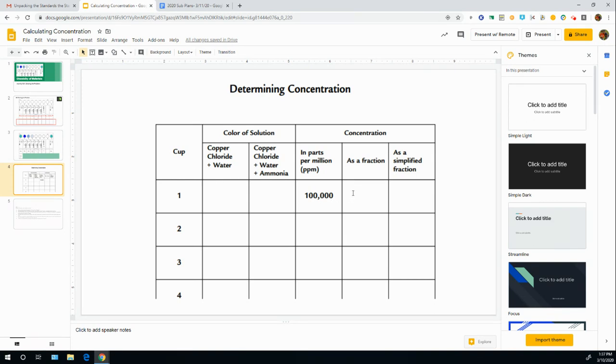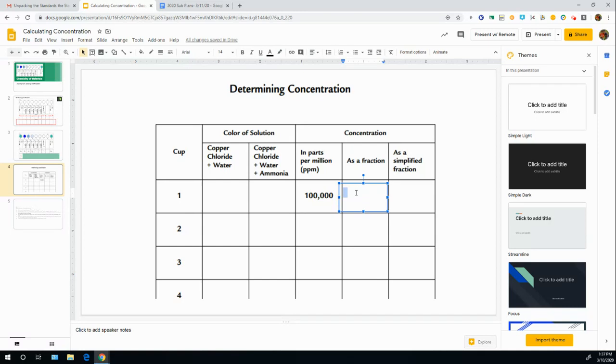If we are to then write this as a fraction, we would record this as 100,000 per million. Please go ahead and record this information on student sheet 24.1.